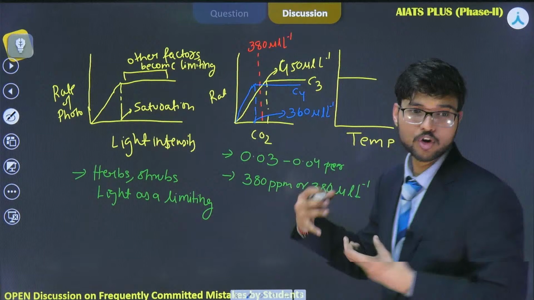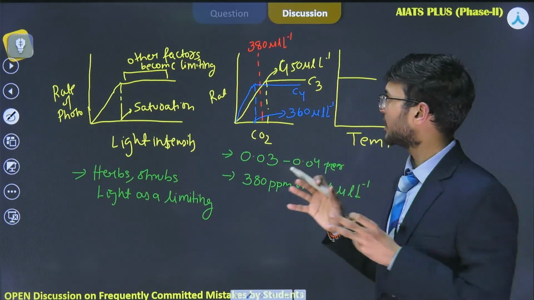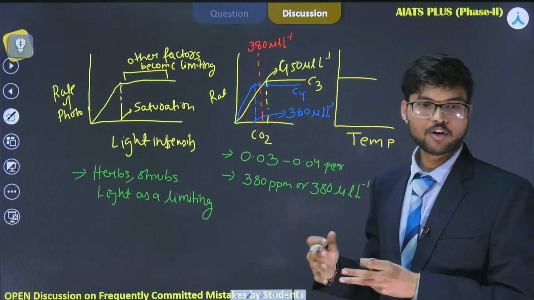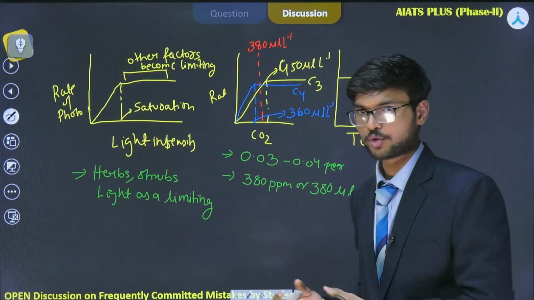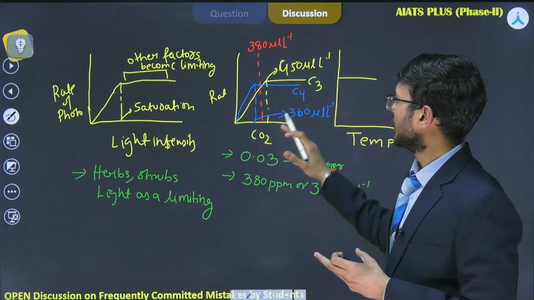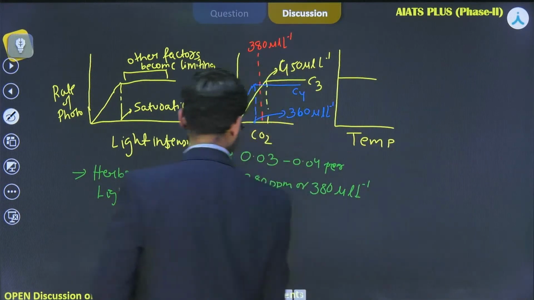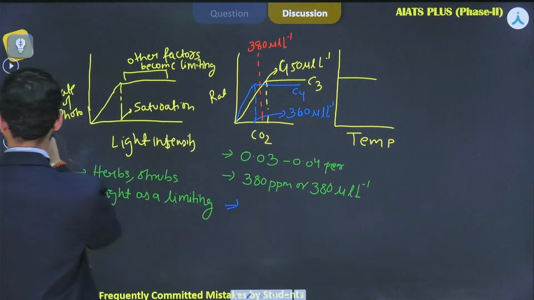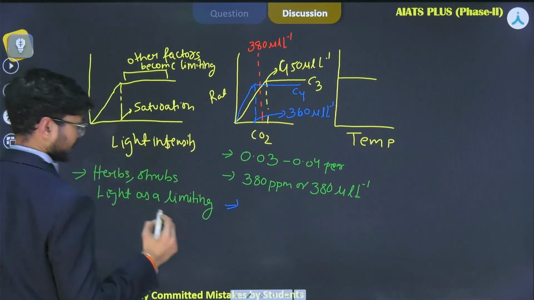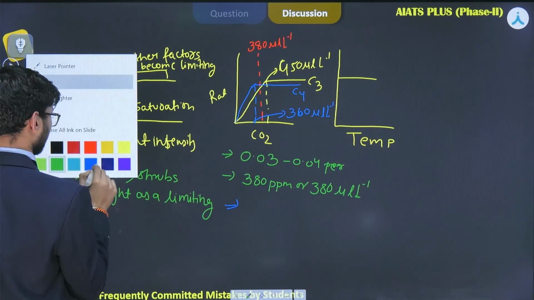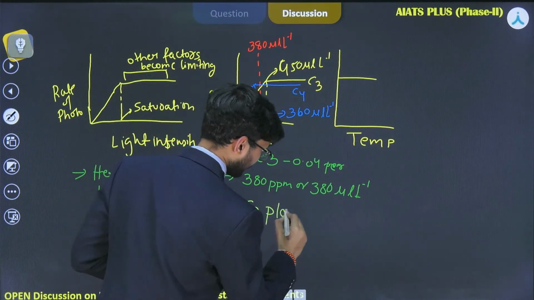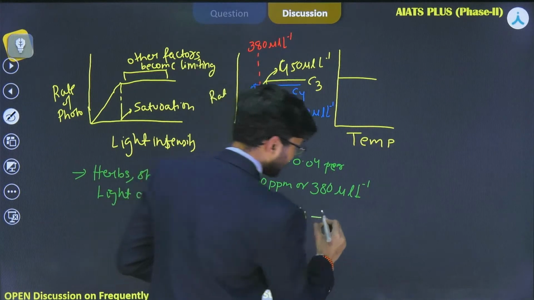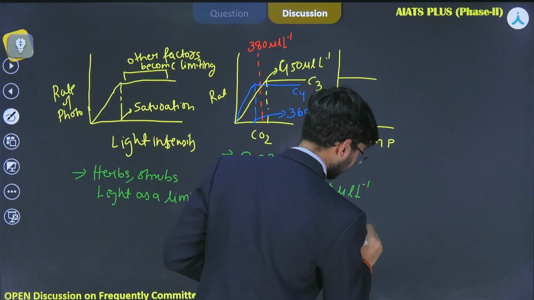C3 plants require 450 microliter per liter of carbon dioxide to reach the saturation point, so that they can perform the optimum rate of photosynthesis. So for C3 plants, carbon dioxide is a limiting factor.